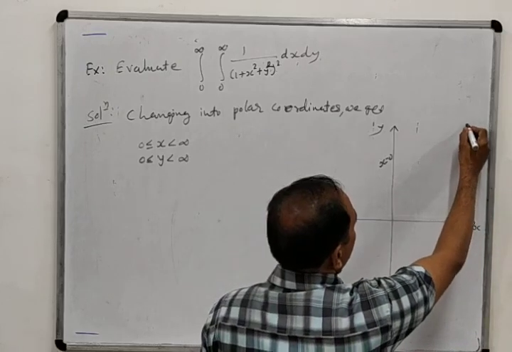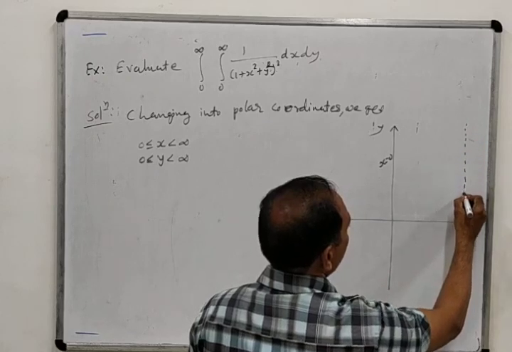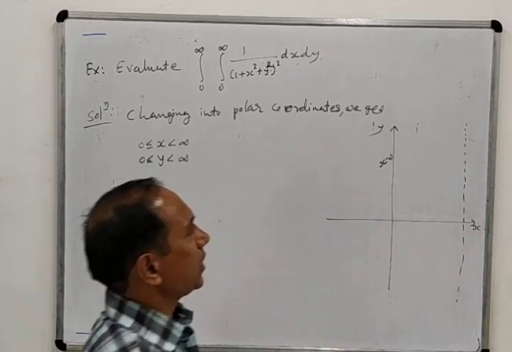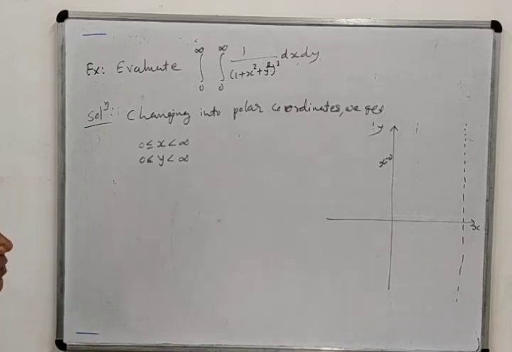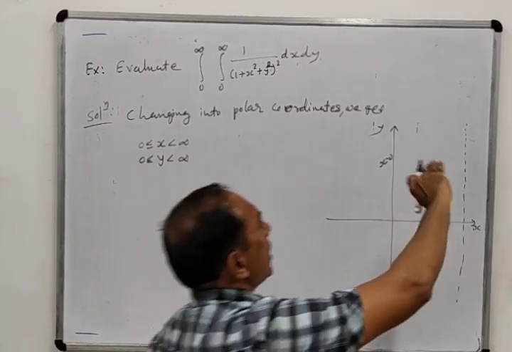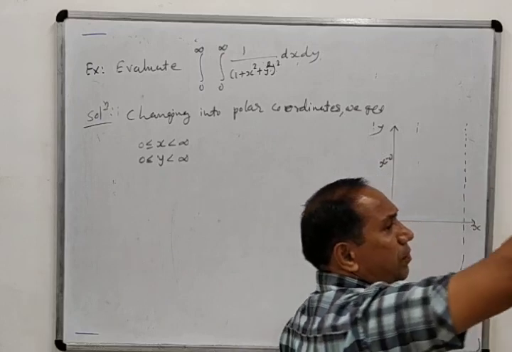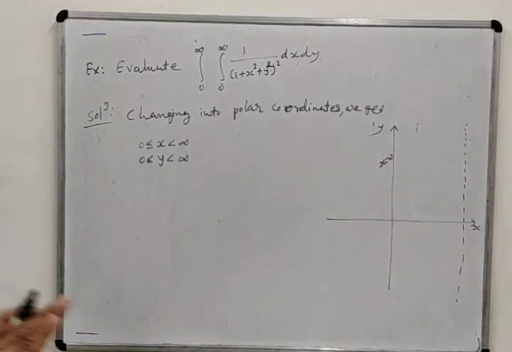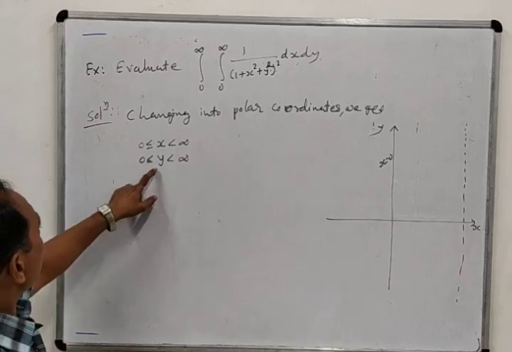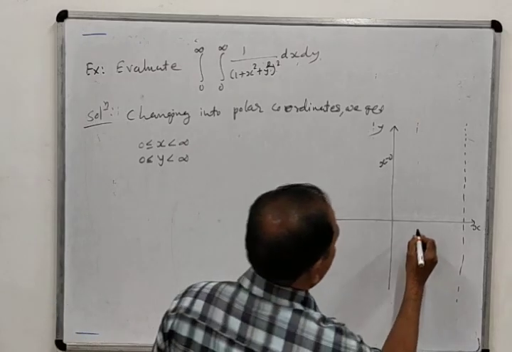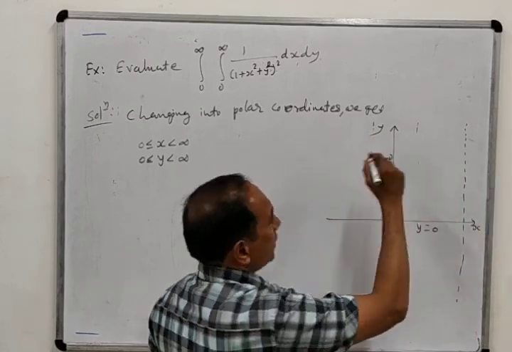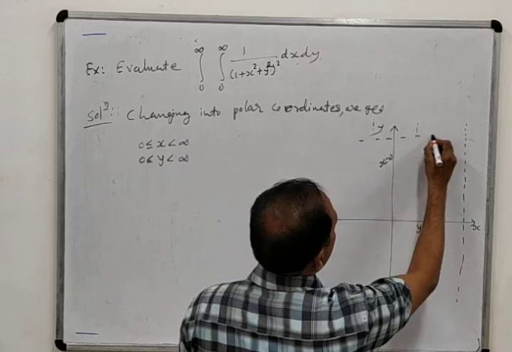But here the infinity point cannot be identified easily, so we will show this by drawing a dotted line. That means this line is at the farthest distance from the origin, tending to infinity. Then y lies between y equal to 0 and y equal to infinity. Y equal to 0 is the x-axis and y equal to infinity is similarly a line parallel to the x-axis, but this is also at infinity.